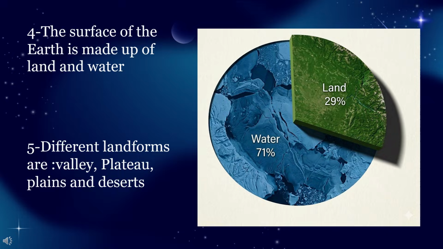Over and over. If you were an astronaut looking down at Earth, you would see a lot of blue. That's because, as point 4 shows, 71% of our planet is covered in water.